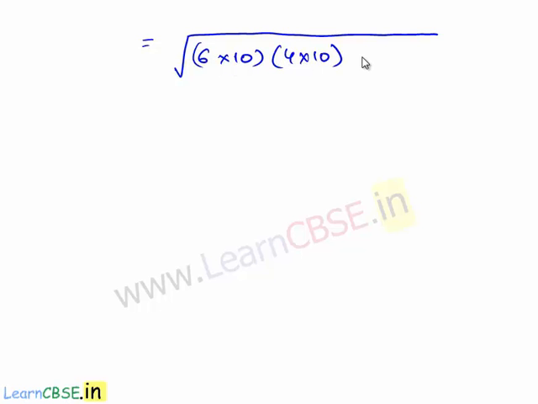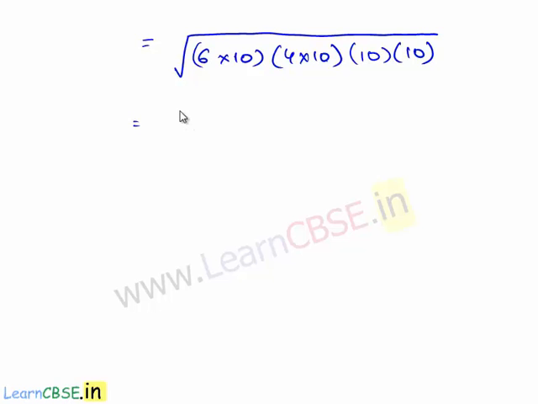So this is equal to square root of 60 can be written as 6 times 10 and 40 can be written as 4 times 10 and remain with 10 times 10. So since 10 times 10 is 10 square and 10 times 10 is 10 square, 4 can be written as 2 times 2. So we bring out the perfect squares from the square root.